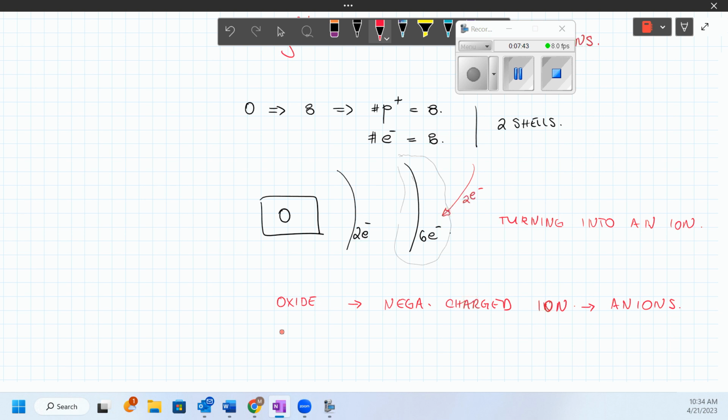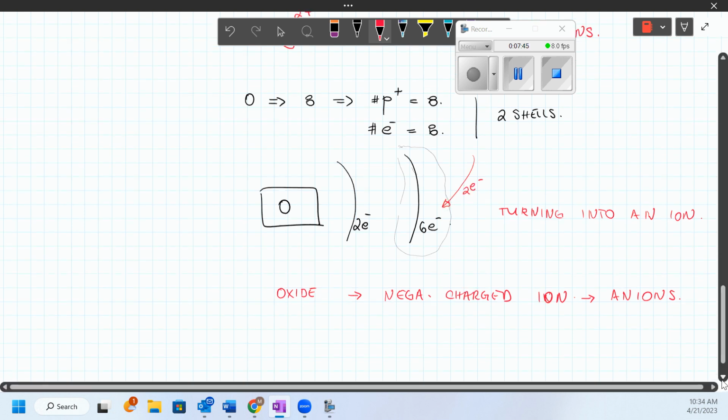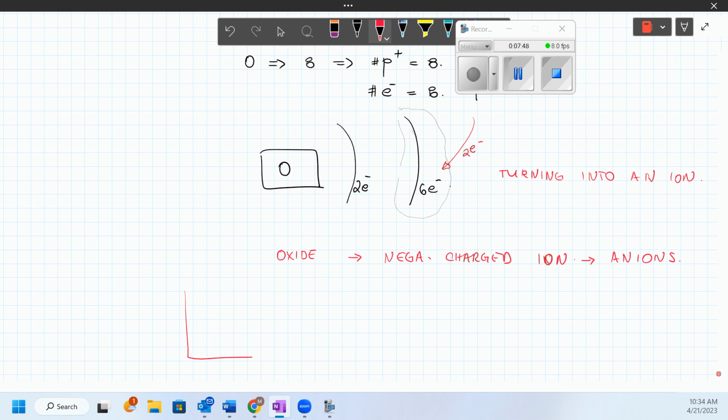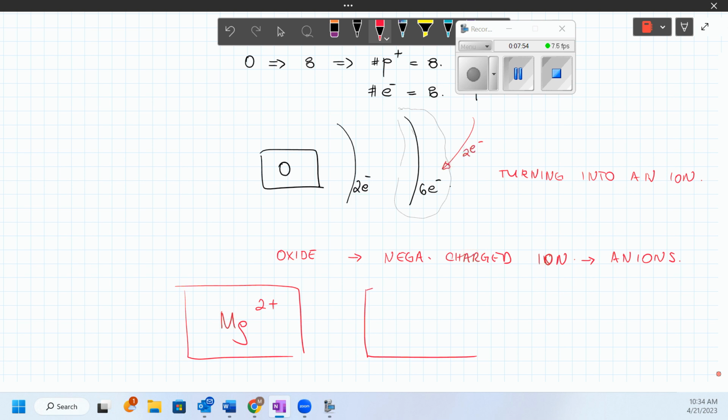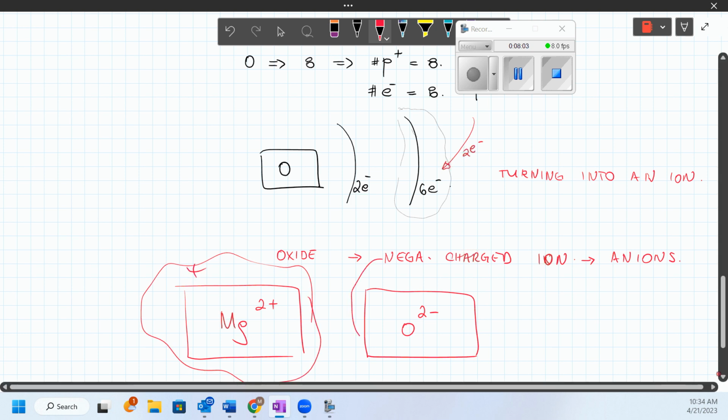So now we have 2 entities. One is magnesium 2 plus, positively charged, and on the other hand we have oxygen 2 minus, negatively charged.